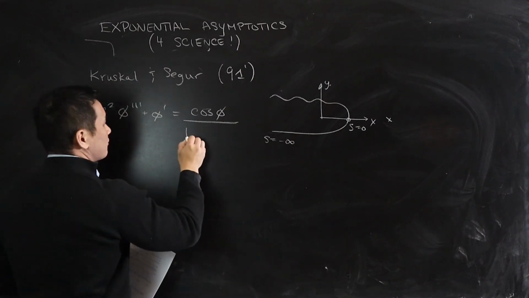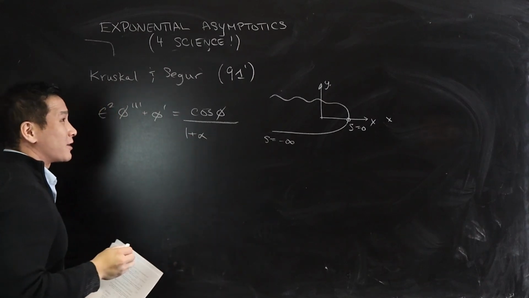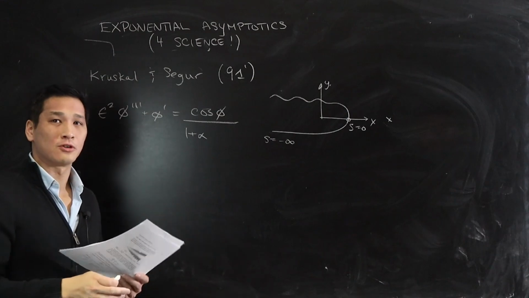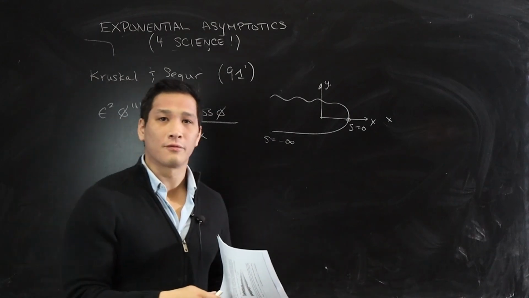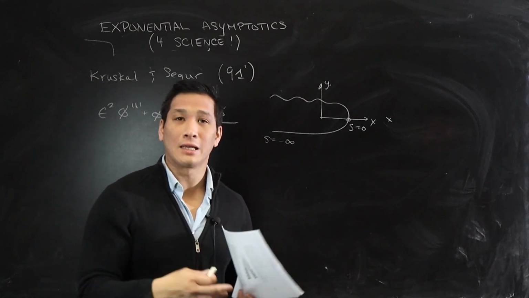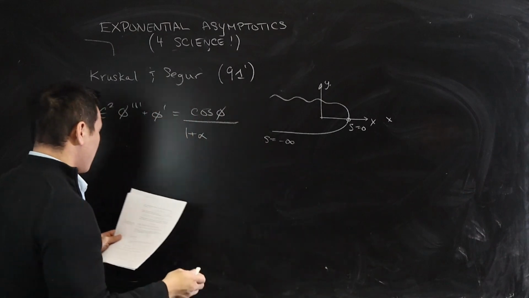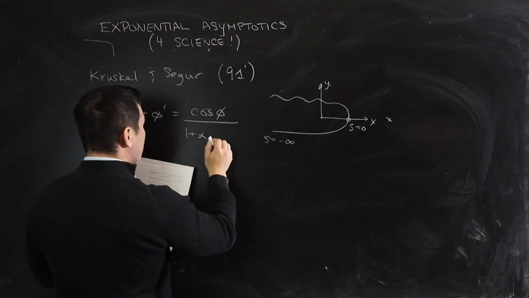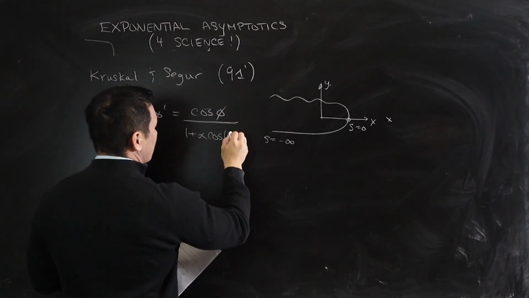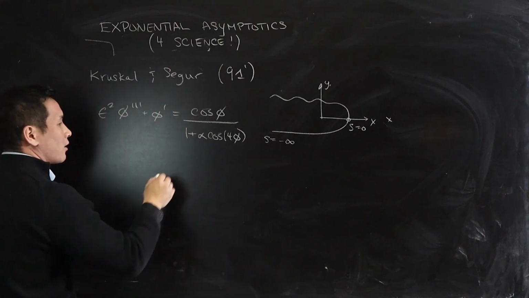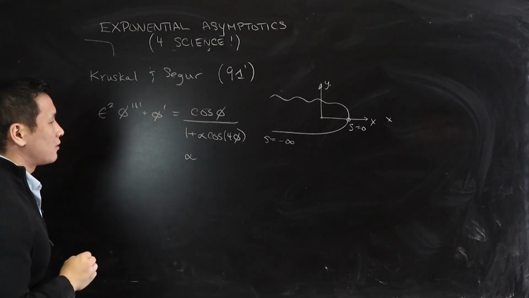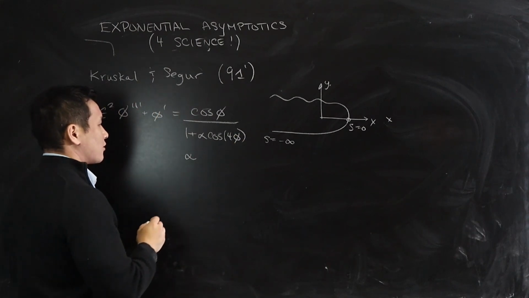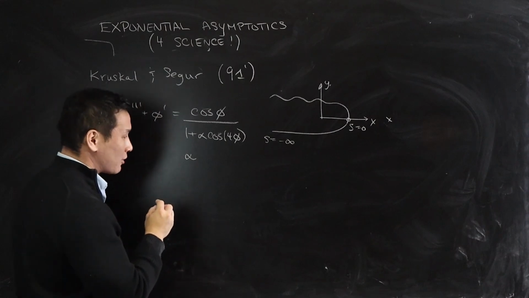But if you assume anisotropy, so if you assume that the growth of the interface is not happening equally in all directions, then you can produce this kind of model instead, where this alpha is your anisotropic parameter.